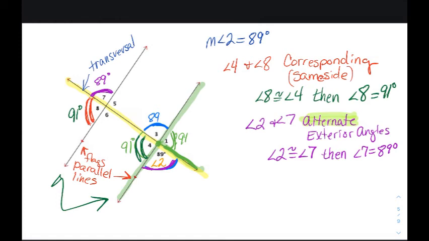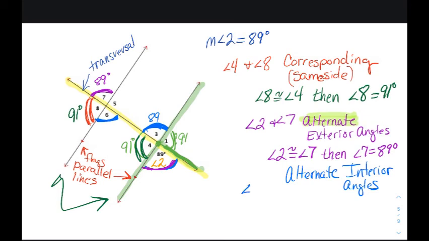So now we're moving inside our two parallel lines. So let's look at some relationships here. We had alternate exterior. What about alternate interior angles? An alternate interior would be, for instance, angle 3, which alternates the side of the transversal, but is inside the two parallel lines with angle 6.